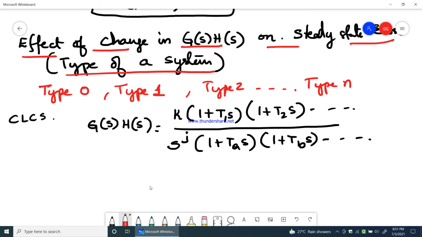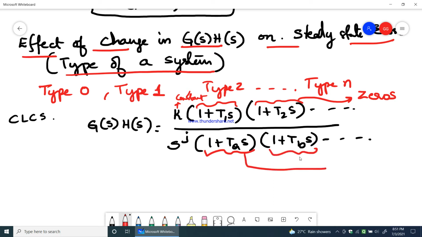So here this is some constant k. The numerator terms 1 plus T1s, 1 plus T2s, whatever we have, we call these zeros, whereas the denominator terms we call poles. Whereas in this s power j, when j equals 0, we call it a type 0 system.